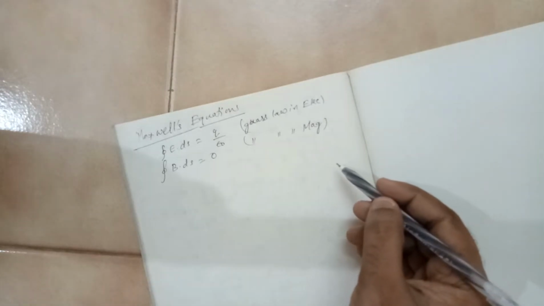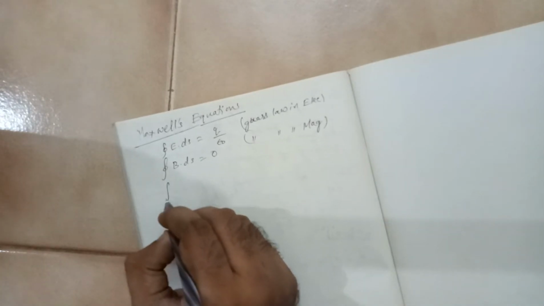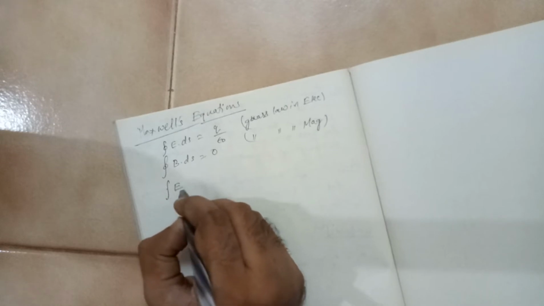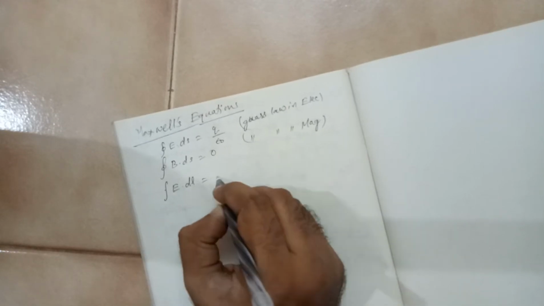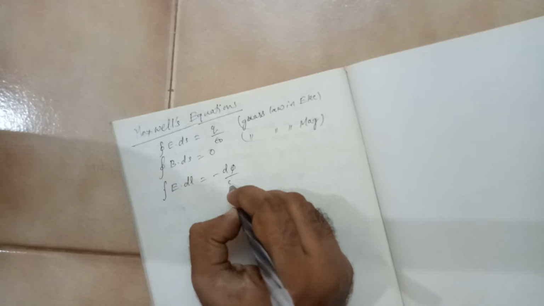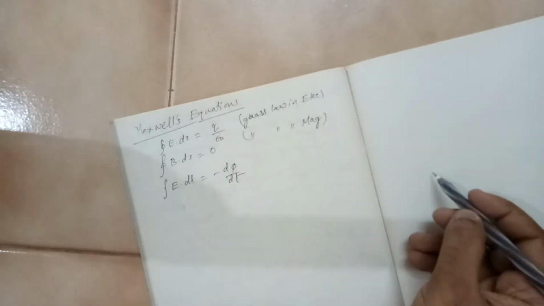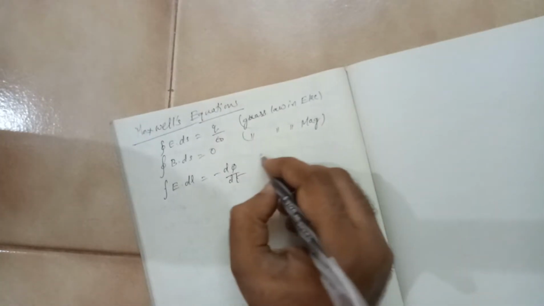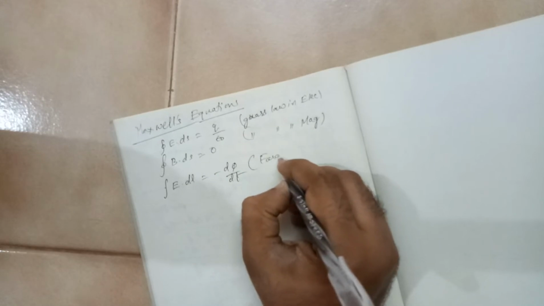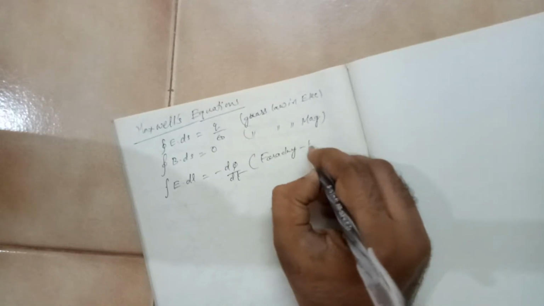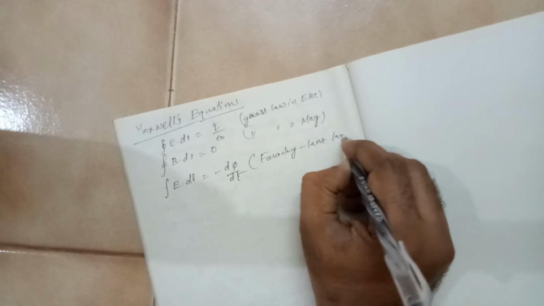Then there is a third law, integration E dot dl is equal to minus d phi by dt. This is Faraday Lenz law.